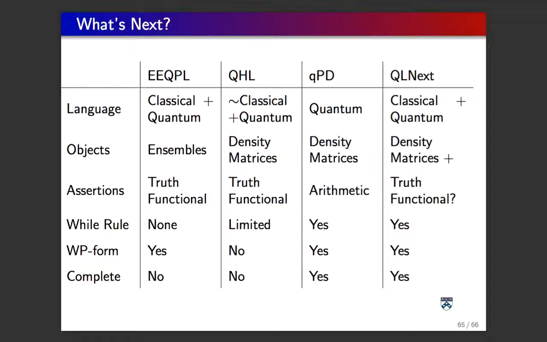What do you think, is QL Next something that you are working on? It's not something I've been working on. It's something that I've just been thinking about in this context, and I figured we've gone through all of these languages.